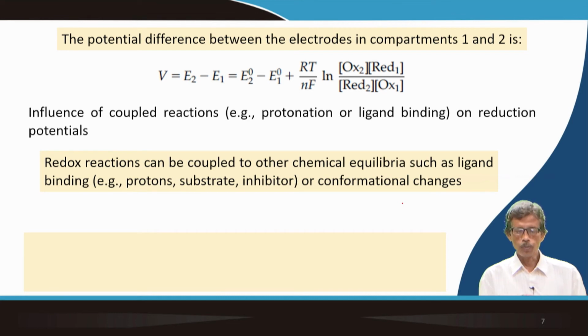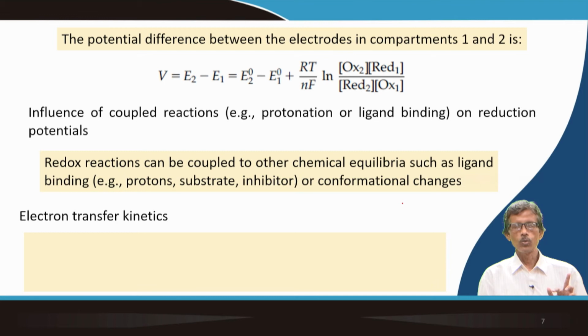Similarly, for conformational changes during electron transfer in a metalloenzyme or metalloprotein, we find different E0 values, where you can have a particular environmental effect on electron transfer, because electron transfer is always coupled with other factors such as protonation and substrate binding, or sometimes an inhibitor trying to bind the metal ion center, and it may inhibit the electron transfer or it may facilitate the electron transfer in that particular state.